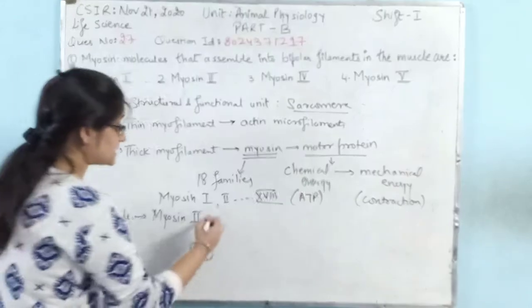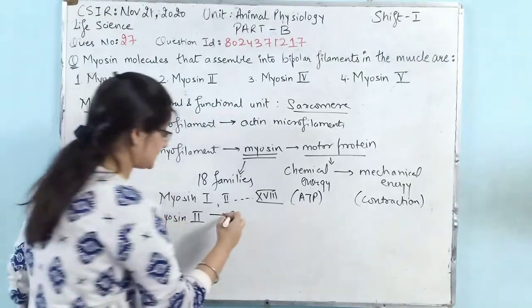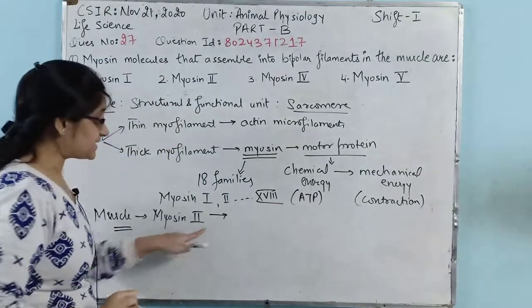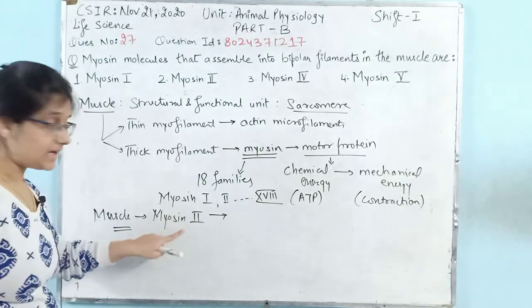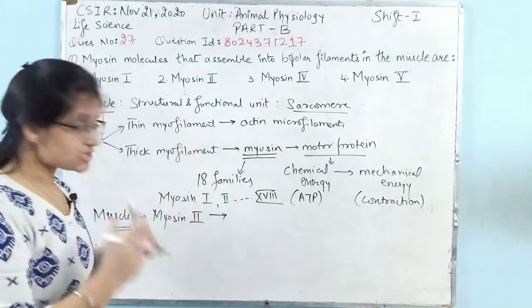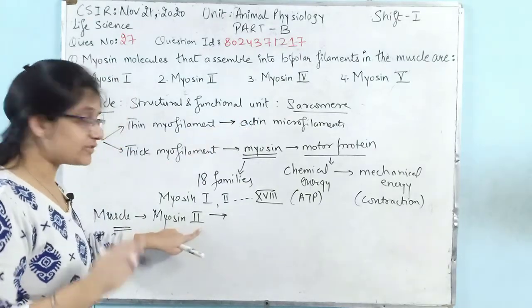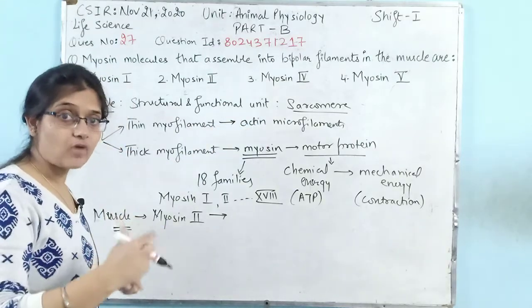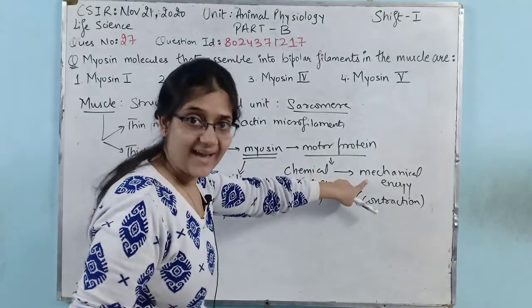This myosin is the most conventional myosin in the human body in muscle cells. The myosin 2 protein forms a cross bridge with the actin microfilament, and this is the one involved in the process of muscle contraction, where it converts chemical energy to mechanical energy.